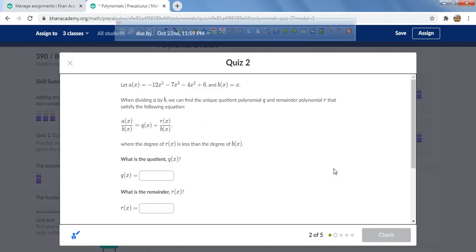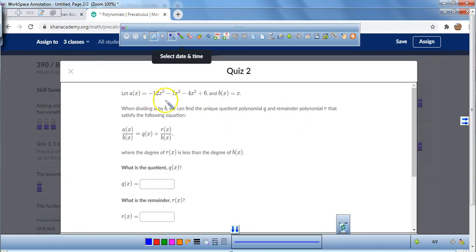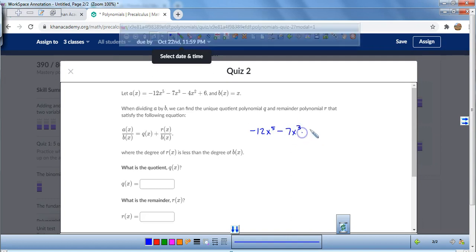Now this one's going to be an easier one. All right, we don't have to do long division on this particular one. So you can see we have negative 12x to the power of 5 minus 7x cubed minus 4x squared plus 6.